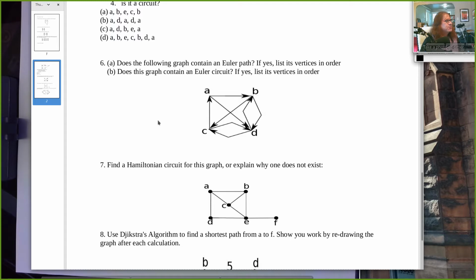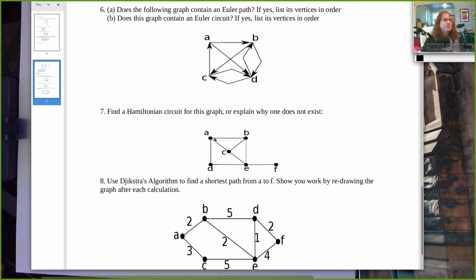Simple means you don't cross the same edge twice, correct? And then for a Hamilton path, you need to visit each vertex exactly once. It doesn't matter which edges you travel or don't travel. For a Hamilton circuit, you have to visit each vertex once, starting and ending at the same vertex. And so either find one or explain in your own words why one can't exist.